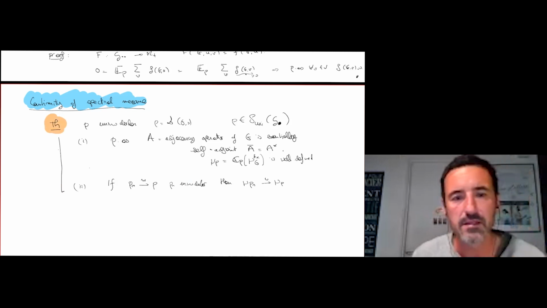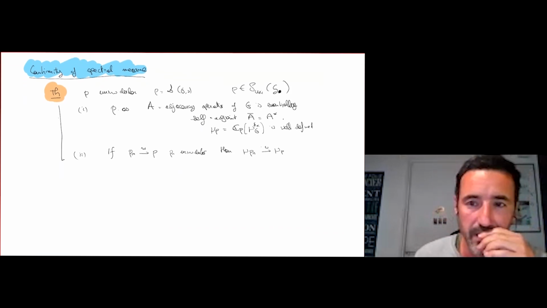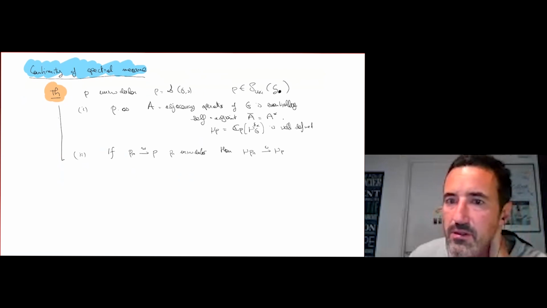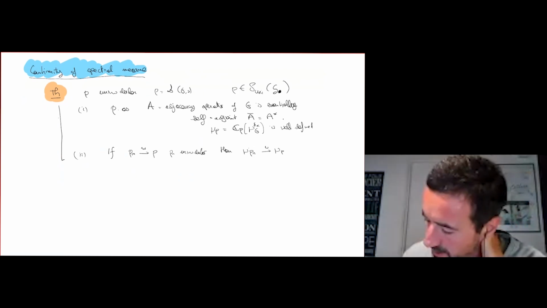Today we will see a refinement of that. I should say that the weak topology is the convergence of all bounded continuous functions.